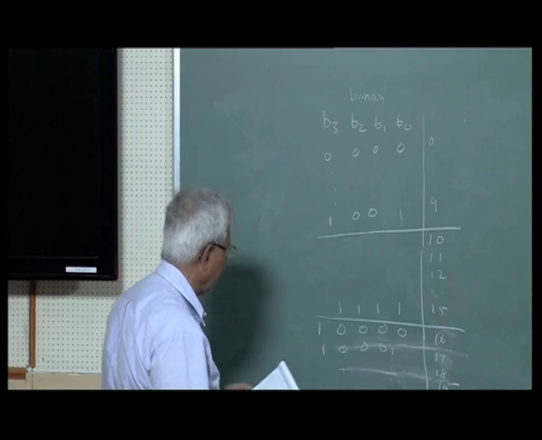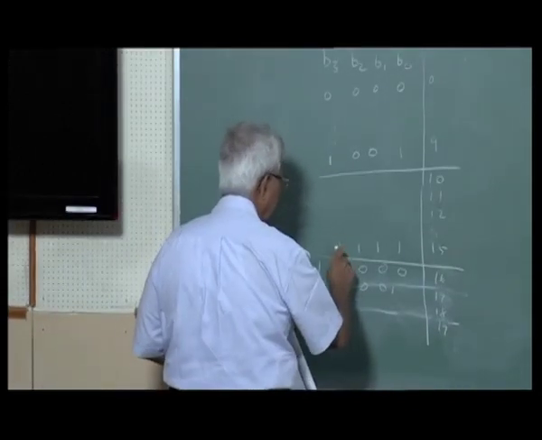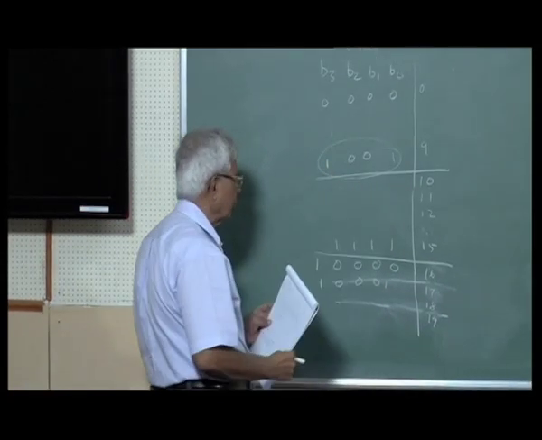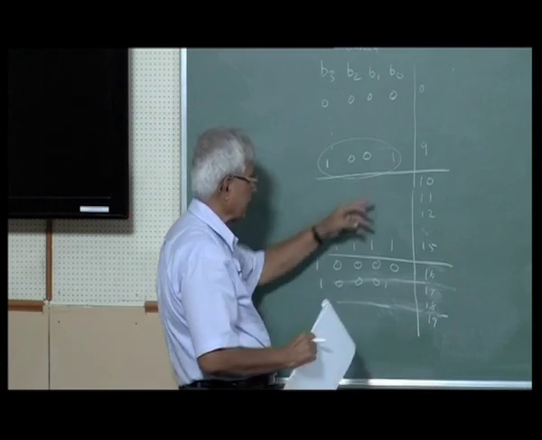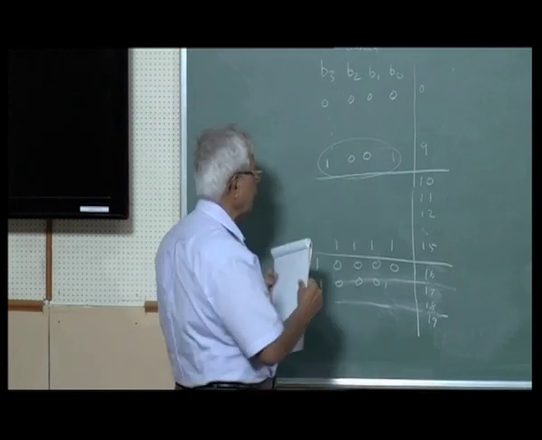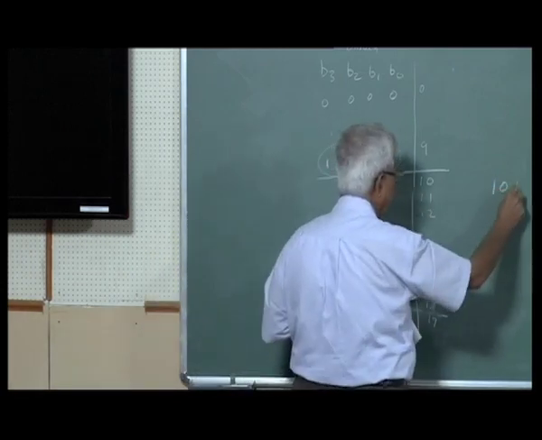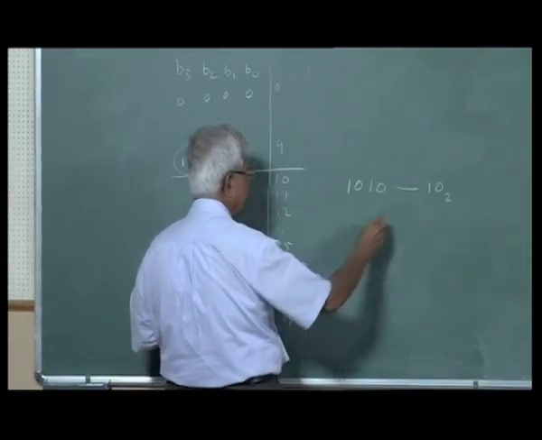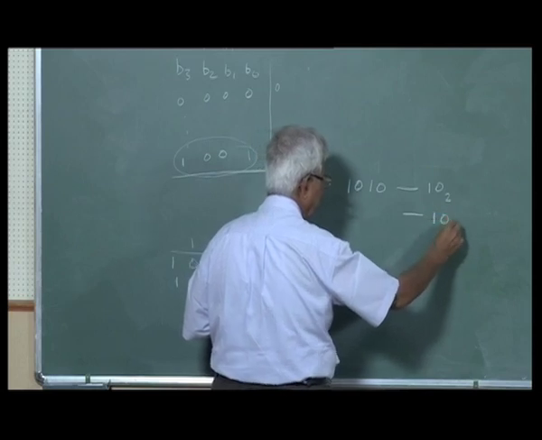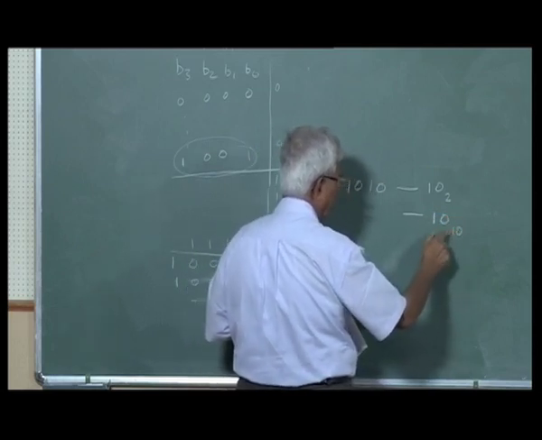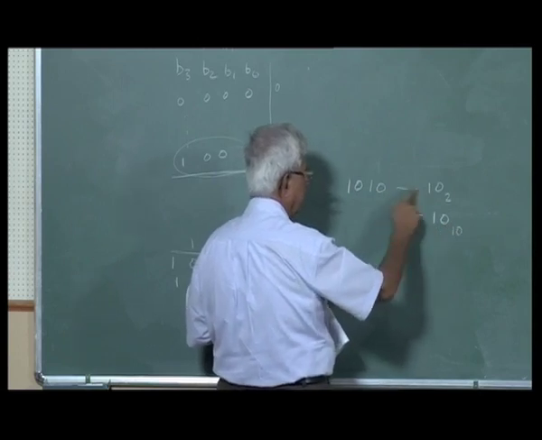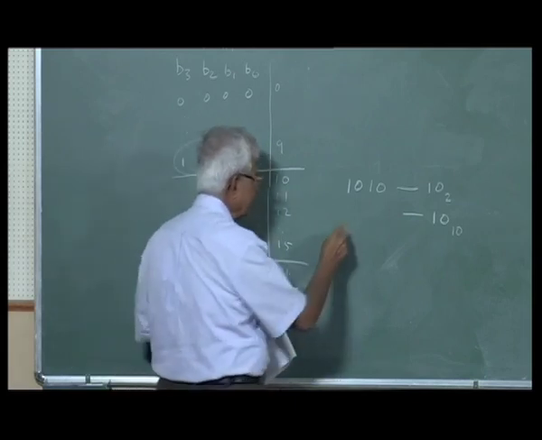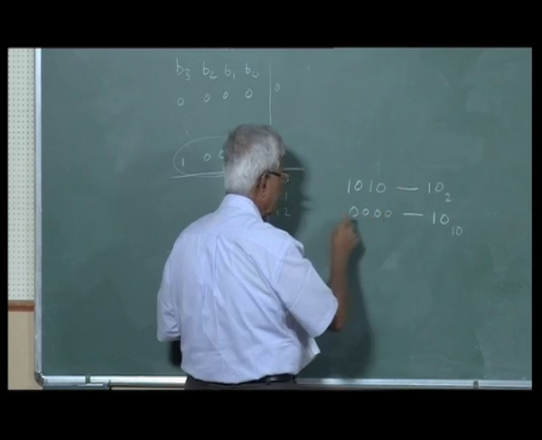Now I have to convert this after 9. When 10 comes, I want to have it represented as decimal 10. But 1 0 1 0 is binary 10. So what do I do? I want to make it first position 0, second position 1.